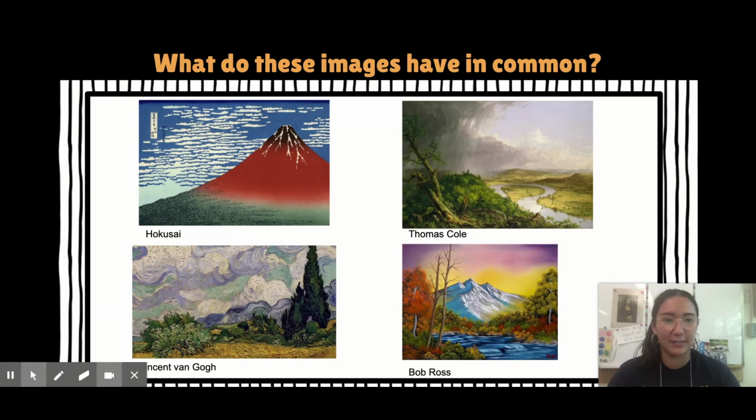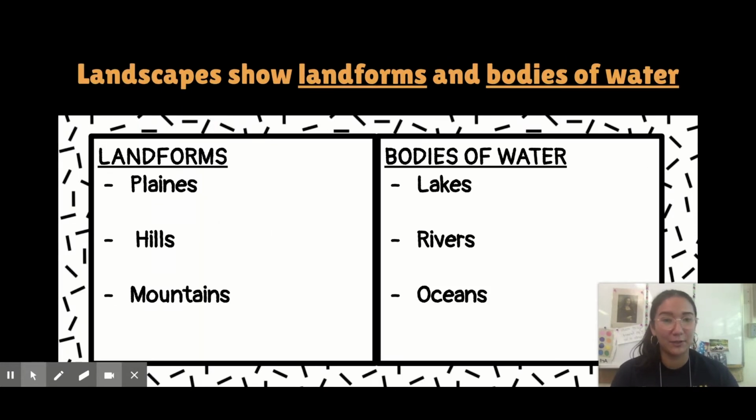So looking at these examples of landscapes again, I wonder if we can find another thing that they have in common. And I'll give you a hint. It's something that you have been studying in social studies. Can you think of what it is? If you thought landforms and bodies of water, you are correct.